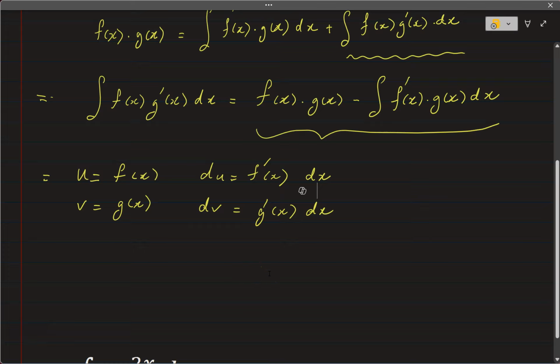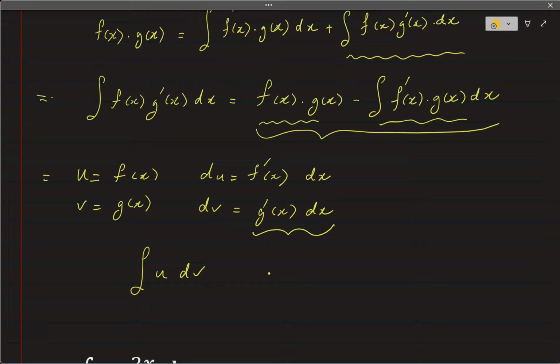So if we go ahead and replace the top, what I've underlined right here, with u and v, what we have is the integral of u dv, because this is right here. Okay, that's your dv.